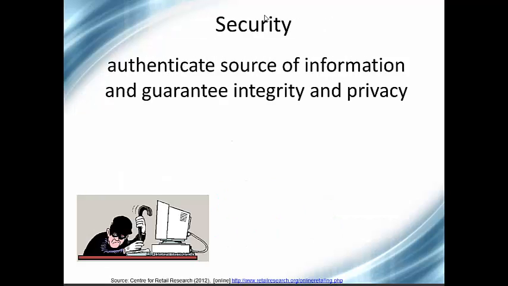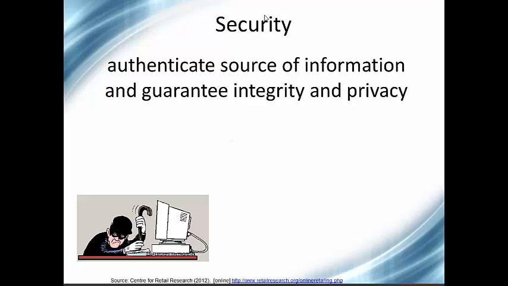So let's now get into security, and that has a direct relation to data management. What you want to do with security is authenticate the source of information and guarantee its integrity and its privacy. Now, we've all heard situations about hackers breaking into systems, stealing credit card numbers, and things like that.